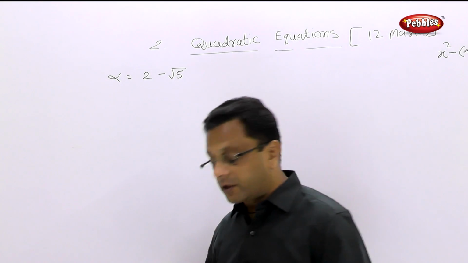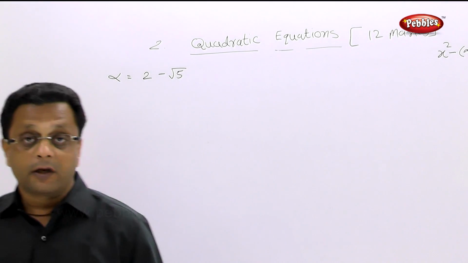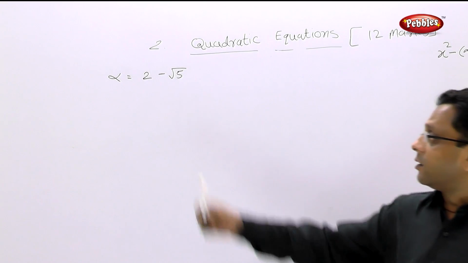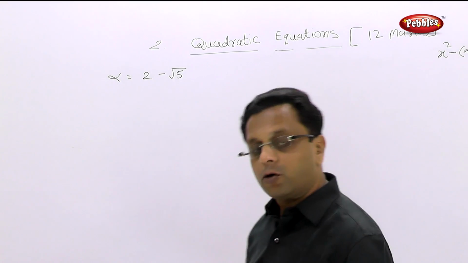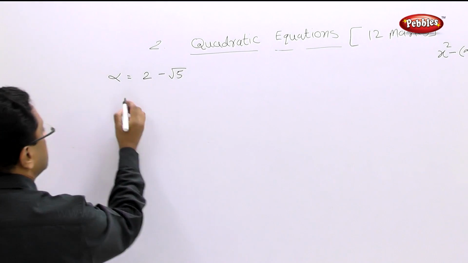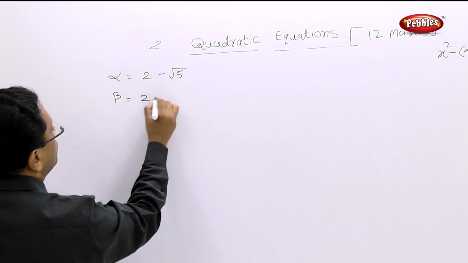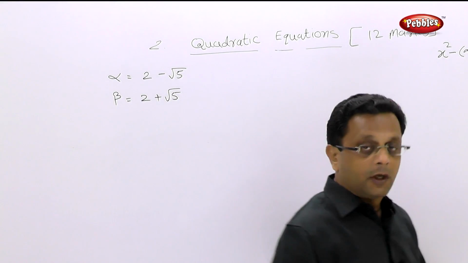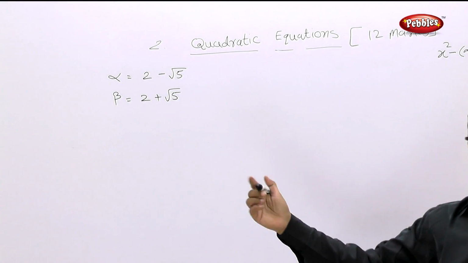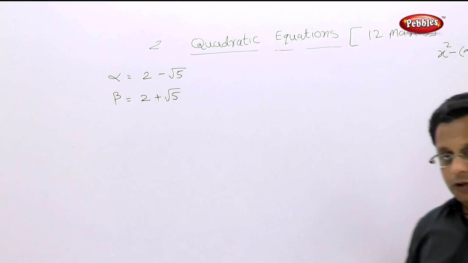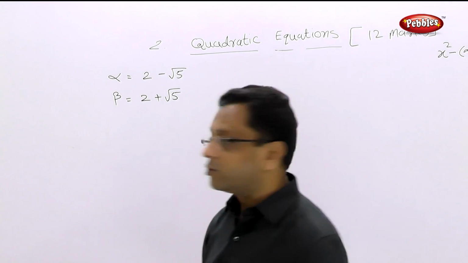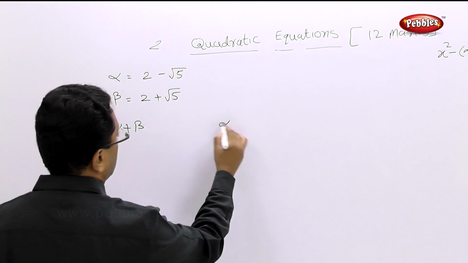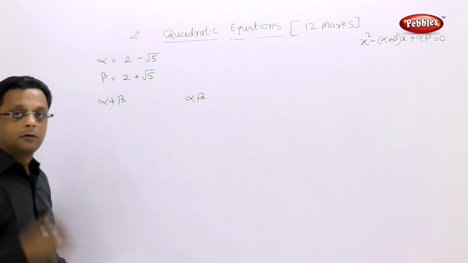If the quadratic equation has rational coefficients, then you must have understood that the other root we automatically have, that is the conjugate of this. So beta will be equal to 2 plus root 5, isn't it? So now can you find alpha plus beta and alpha beta? Pause your video here and find out both the values. Do it.